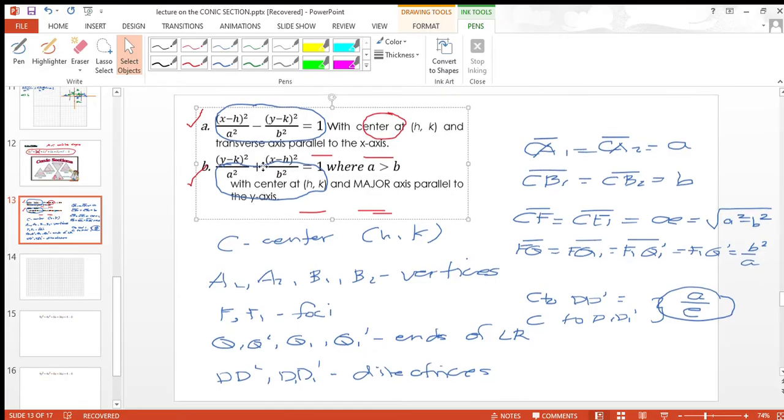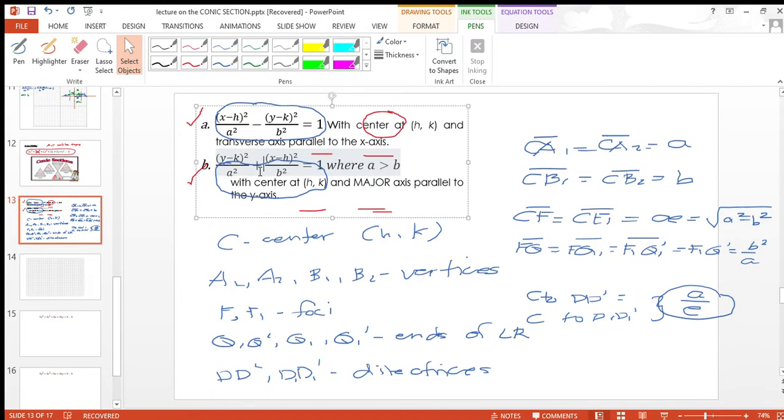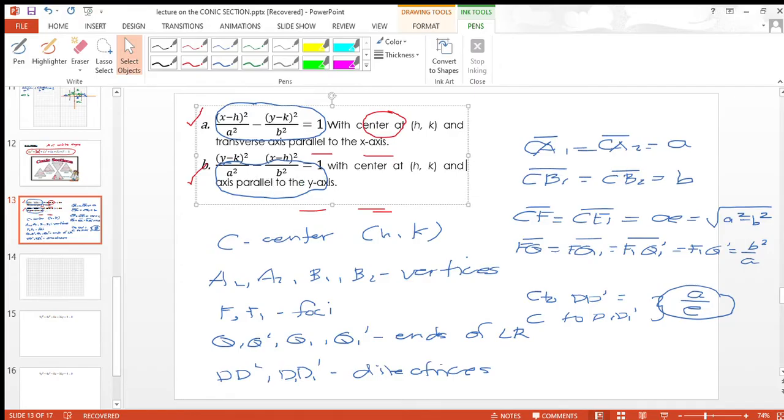So going over the second standard form, this will now again be minus, the condition A greater than B will now be removed. Still the center is at (h, k), and then we change the major axis to transverse.